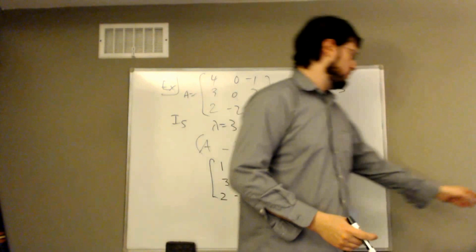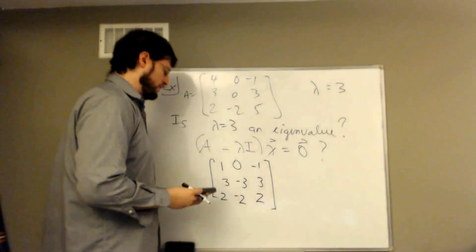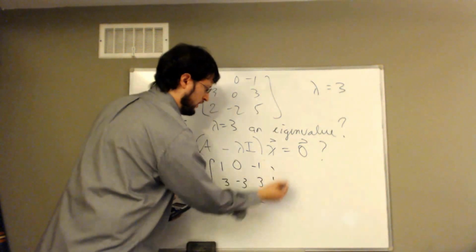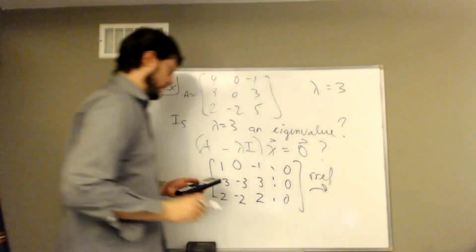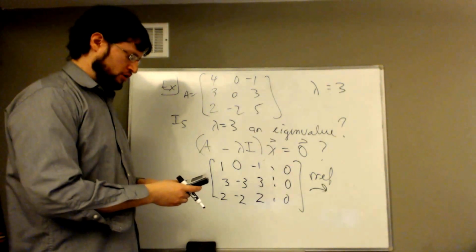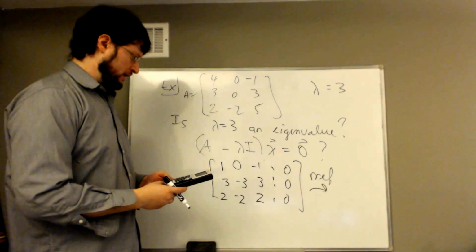Okay, so let's row reduce this one. So again, what are we really looking for? We're really looking for this with zeros, and we're looking for the reduced row echelon form of that matrix. We can do that by hand without too much trouble, but let's just put it into our calculators, make sure we get the right answer.